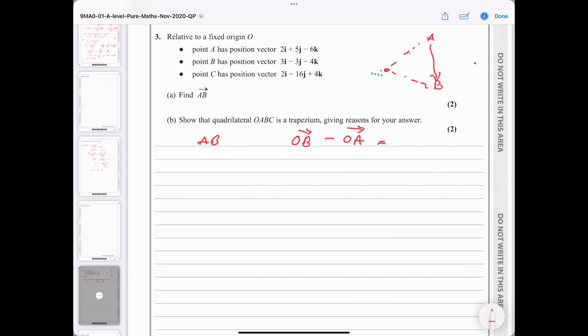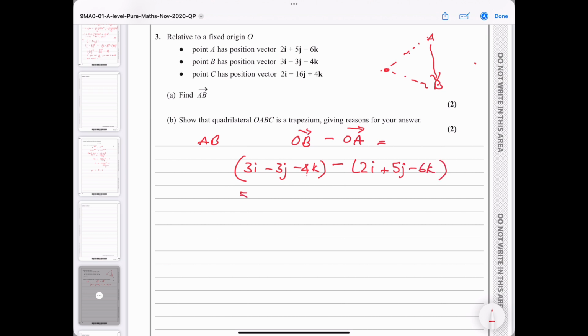And that's like doing the vectors when you're at GCSE. So OB is 3i minus 3j minus 4k. And that's minus OA, which is 2i plus 5j minus 6k.